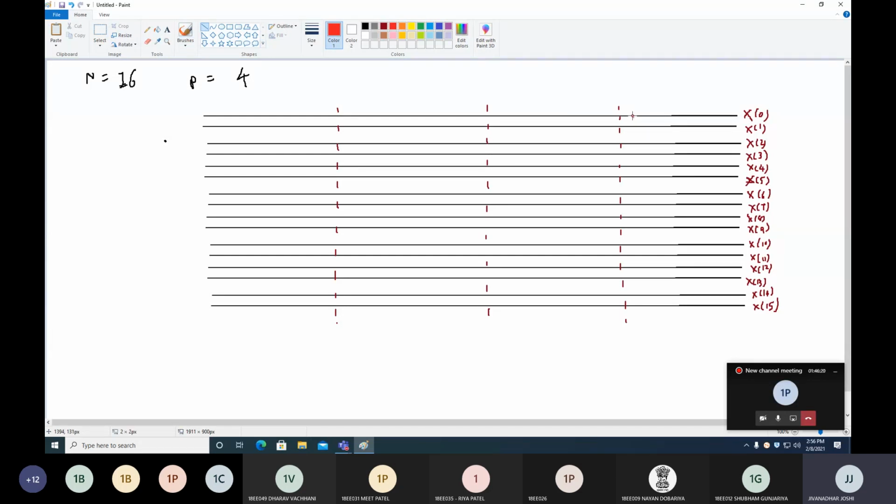So from here, where should I take the signal? બોલો ક્યાં મારે જોડવું જોઈએ? X of 7 કે 8? Yes, it should be 8.